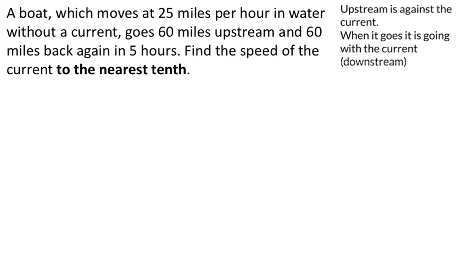There we go. So when you go back, you're going downstream, and the current is pushing you towards your destination. But we do know that when you go back again, it looks like it's going to take you 5 hours to go that 60 miles. But what we want is the speed of the current to the nearest tenth, okay?